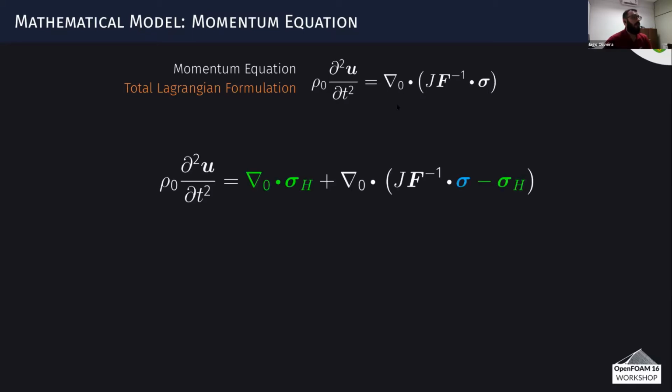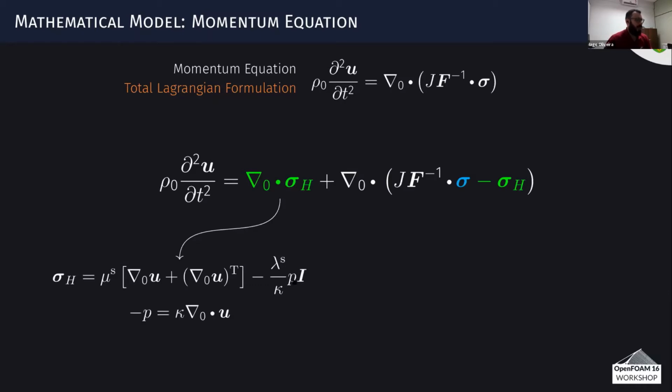I won't go into all the details of the mathematical manipulations we do with this equation in the implementation, but to avoid the discretization of the whole nonlinear term, because we are supposing sigma is nonlinear, we add, in a deferred correction manner, two terms in the momentum equation, in which sigma_h is the Hookean law, where we introduced the pressure given by the small strain law, kappa times the divergence of displacement, based on the mixed formulation of the authors that I mentioned before, where kappa is the bulk modulus, which controls the compressibility.